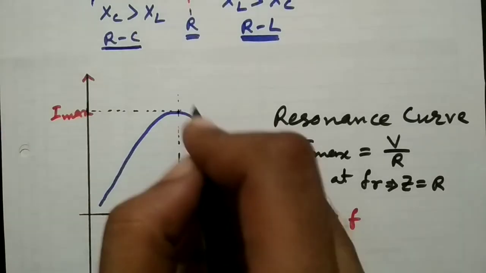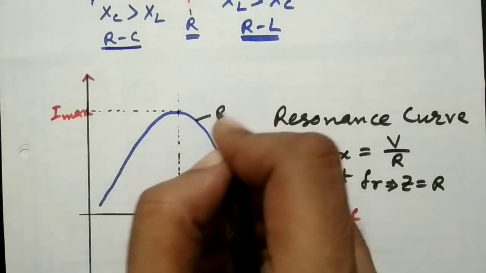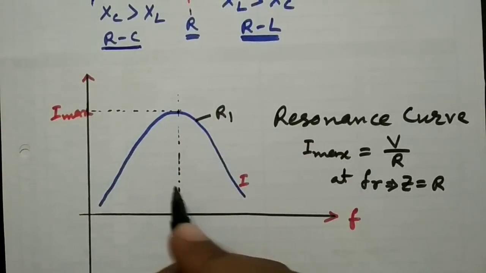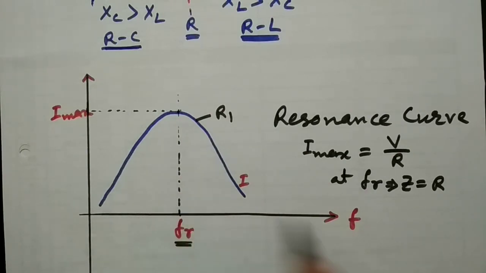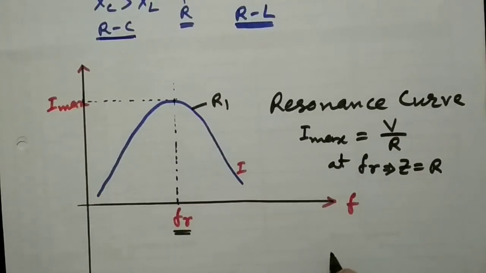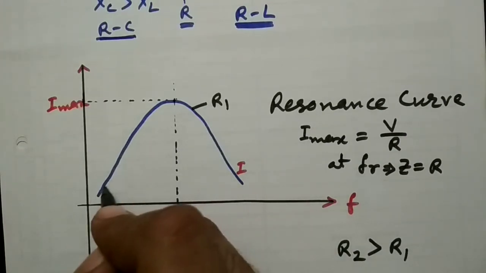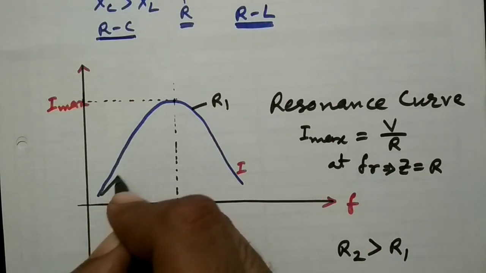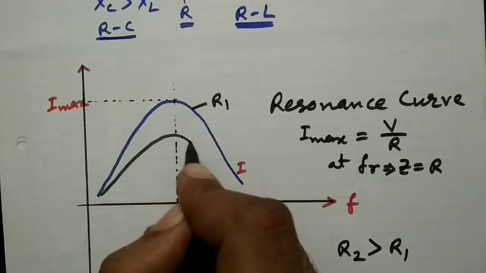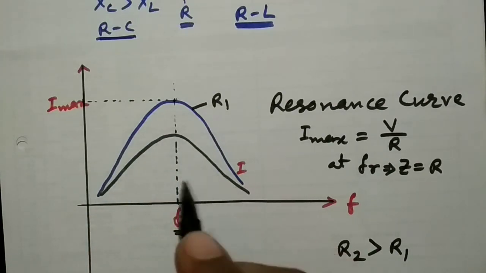So let's say this is for resistance R1. We take another resistance R2, and if R2 is greater than R1, then for R2 the nature of the current with respect to the frequency will be this.